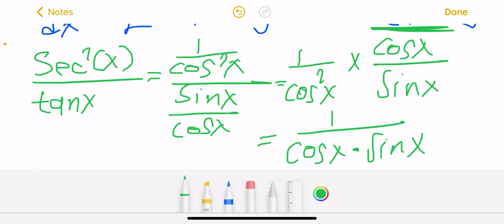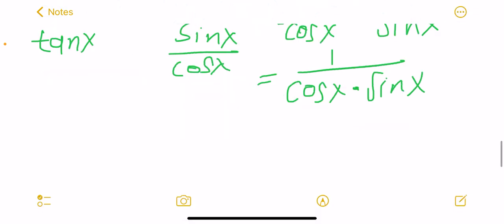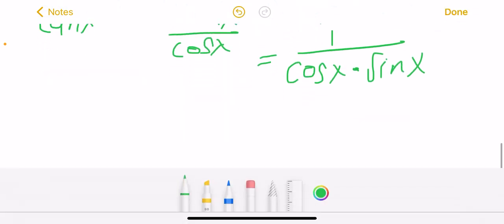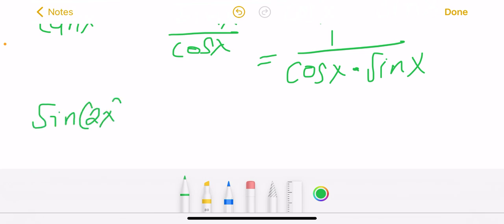Okay, you are left with that. But then how can we play around with it? Okay, we also know that sine of 2x is equal to 2 sine of x cos of x. Okay, so let's remove the 2 from 2 sine x cos x.